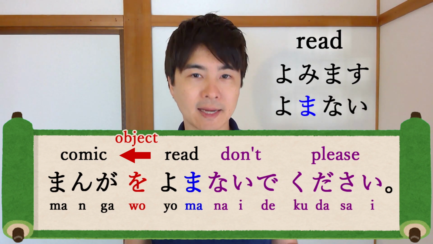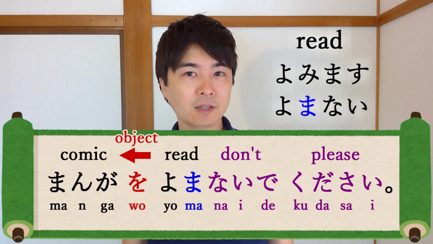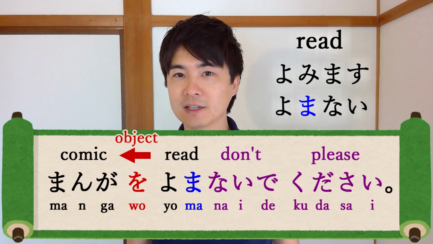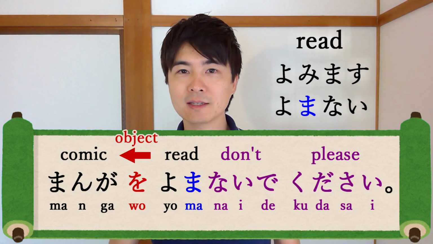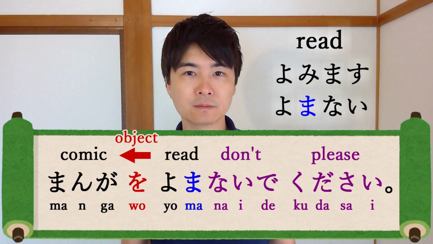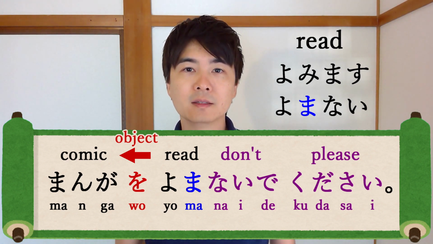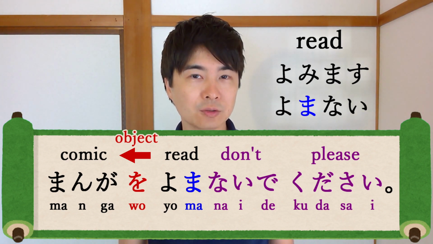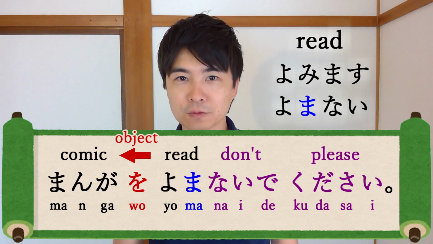Then 読みます becomes 読まない。As we have learned in my previous video about the ない form of verbs, 五段 verbs are conjugated following the hiragana chart. In order to change the ます form of a 五段 verb into the ない form, the E sound right before ます needs to be changed into an A sound.